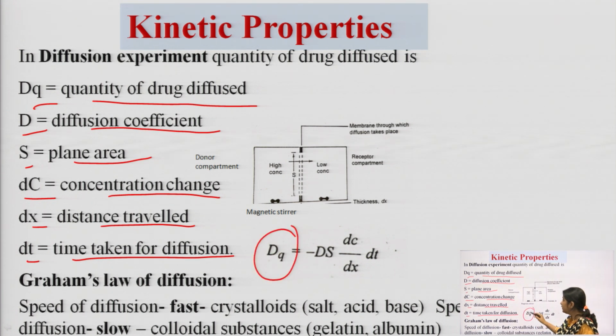So dQ, the quantity of drug diffused, is equal to minus D, the diffusion coefficient, multiplied by the surface area, multiplied by dC by dx, multiplied by dt. And Graham's law of diffusion states that the speed of diffusion is fast for crystalloids like salts, acids and bases, and the speed of diffusion is slow for colloidal substances like gelatin and albumin.